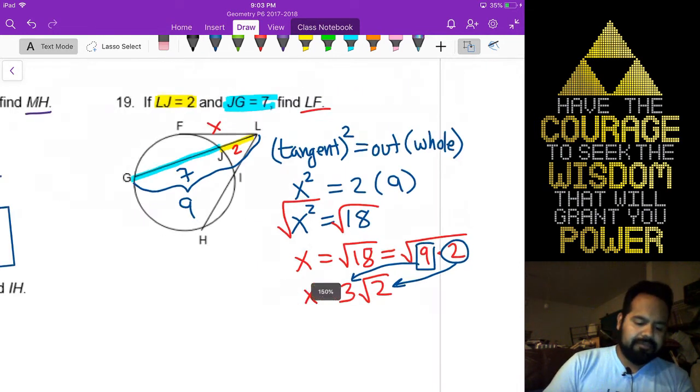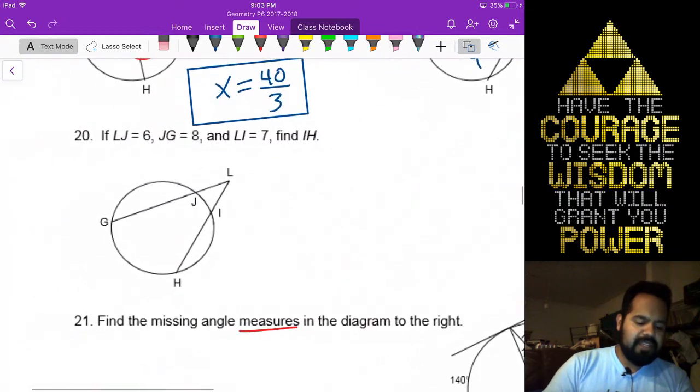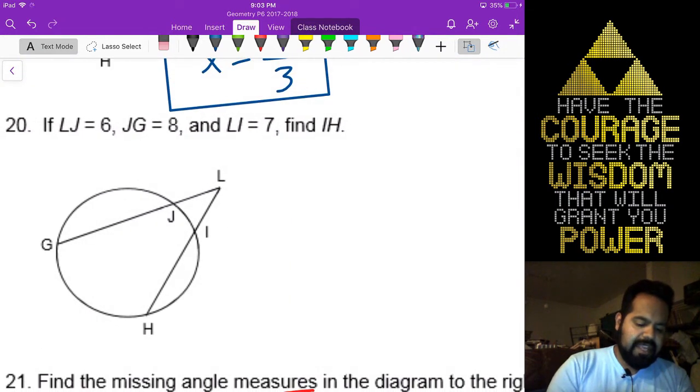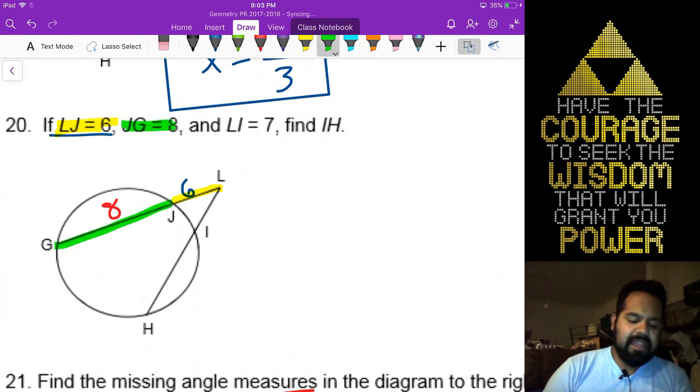All right. Number 20. Again, we've got LJ with a 6. We got JG with an 8. And LI with a 7.